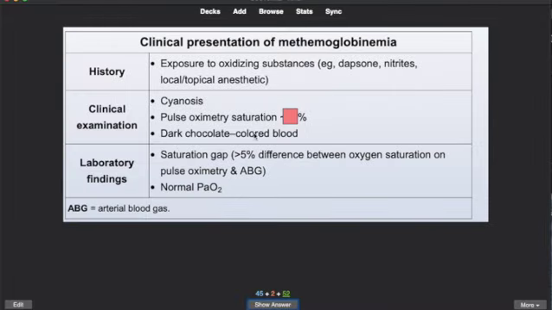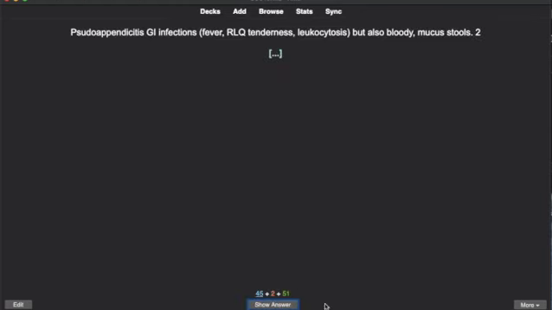Got it right, but clinical presentation of methemoglobin. Yeah, they'll have a pulse oximeter of 85. Pseudoappendicitis, GI infection, fever, but also bloody mucus. Okay, this is Campylobacter and Yersinia.